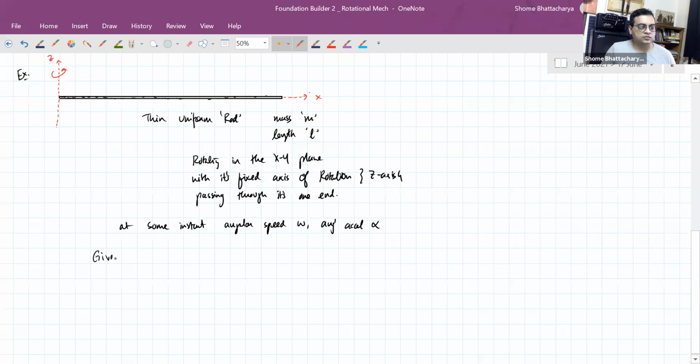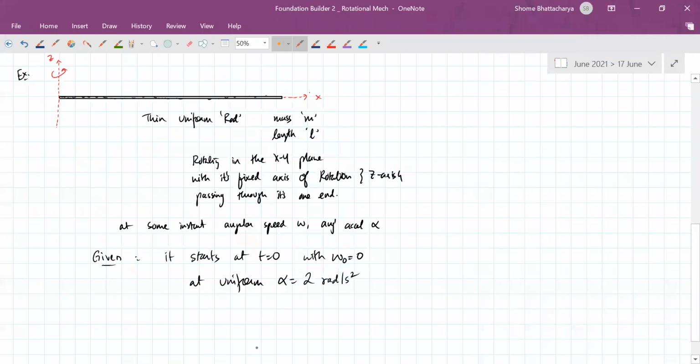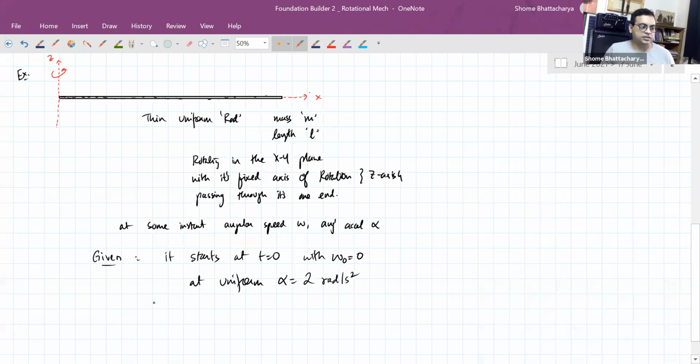Now given that it starts at t equal to 0, with initial angular speed equal to 0, at uniform angular acceleration equal to, let us say, 2 radians per second square, and initially at t equal to 0, the rod was along the x-axis.